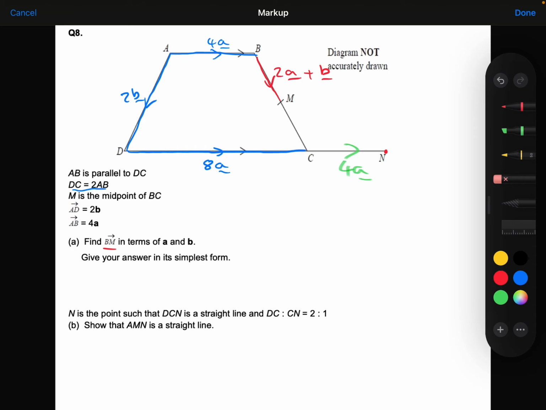We need to show that AMN is a straight line. To do that, I'm going to consider the vectors from A to M, and then in a minute, the vector A to N as well.